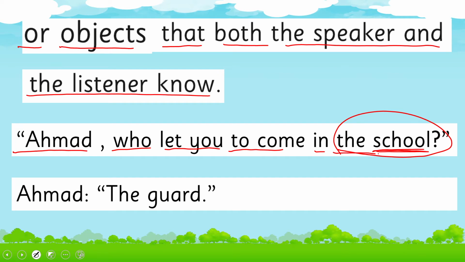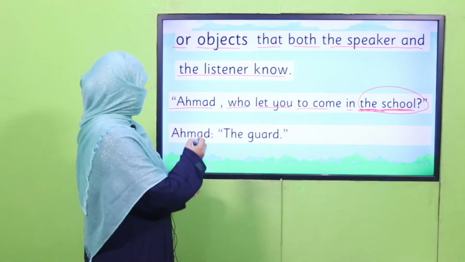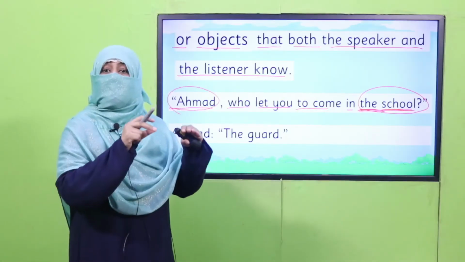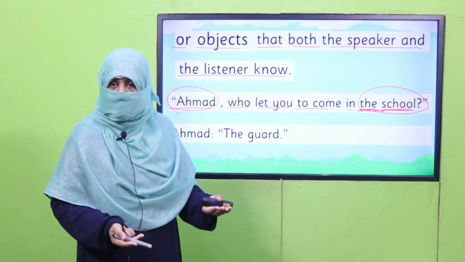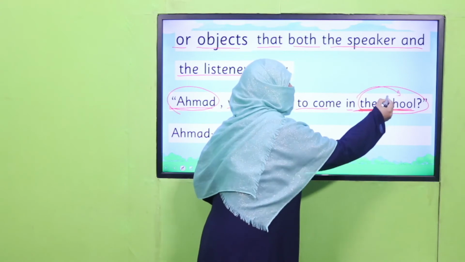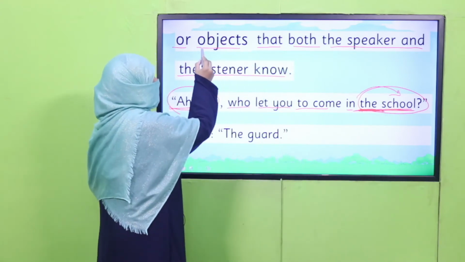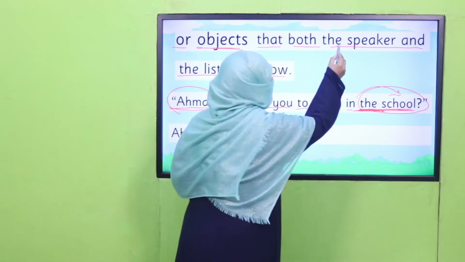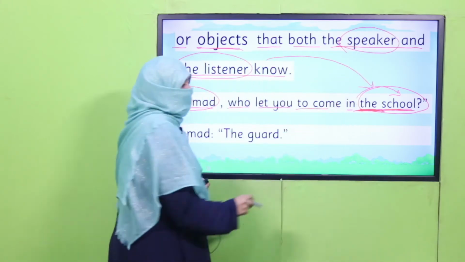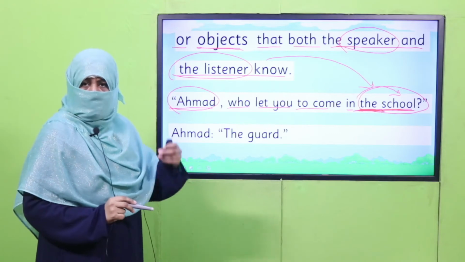But when I say the school, now me, the speaker, and Ahmad, the listener, we both know which school we are talking about, the school in which we are standing. So this is how the makes a common naming word a particular, because the object we are talking about, both the speaker and the listener know what we are talking about. It's the school. Do you understand?